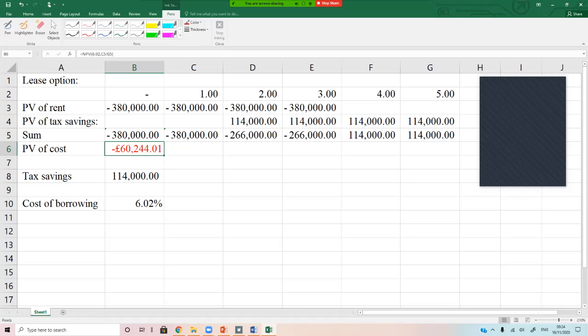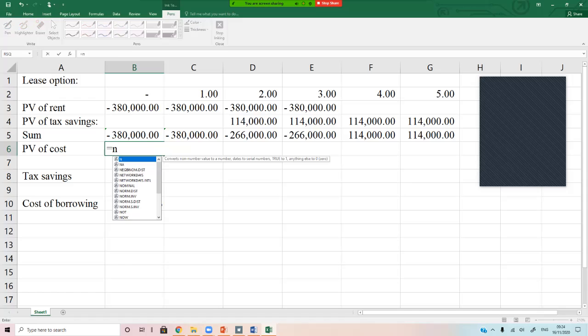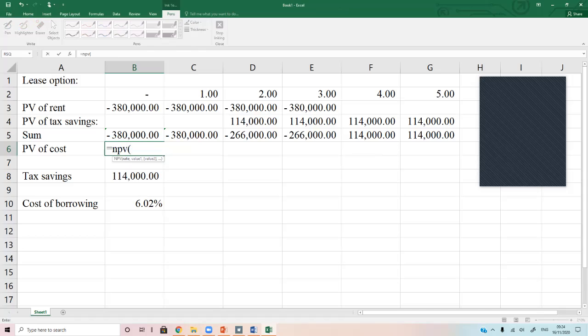I'm not sure why. Equals NPV from year 1 at 6.02, from year 1 380, plus year 0, which is all negative.